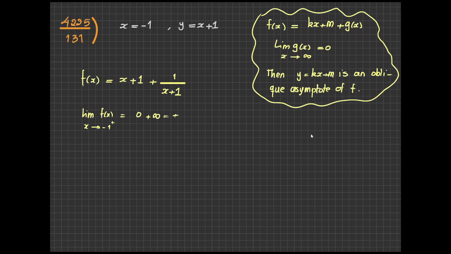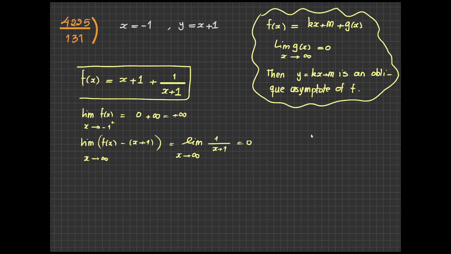So the answer becomes plus infinity. So that's right. And then if I ask you what is the limit of f of x minus x plus 1 when x goes to infinity, you get this is the limit of 1 over x plus 1, x goes to infinity, but you know that this limit becomes 0. So we were able to engineer a function with that property.